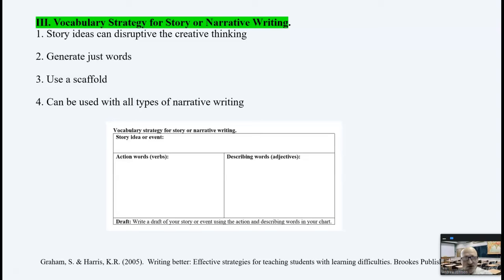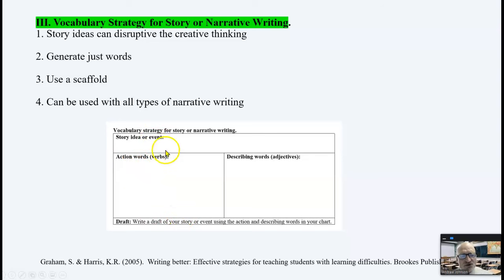Now, this is an interesting strategy. I got this from this book, Graham and Harris, Writing Better. It's based on the idea that sometimes all your story ideas get in the way of actually writing. They become disruptive to the creative thinking process. So I like this one where, yes, you have your story idea, but you just generate a lot of words first.